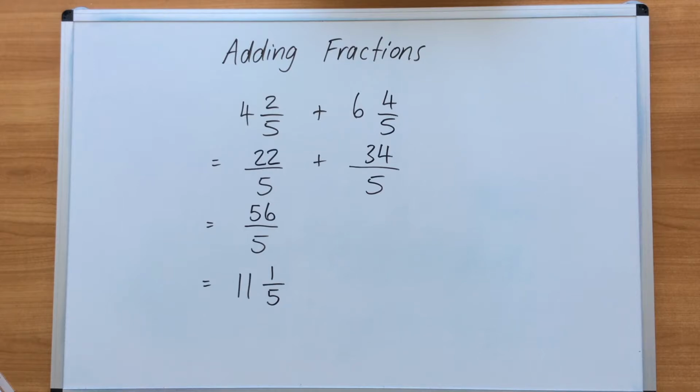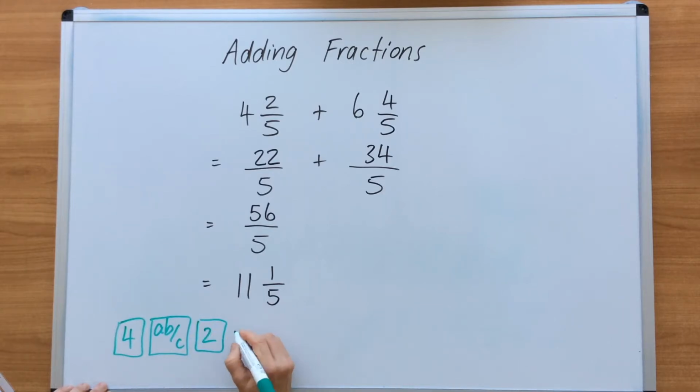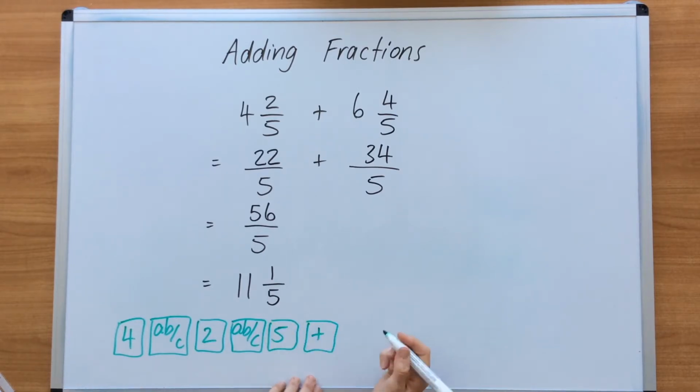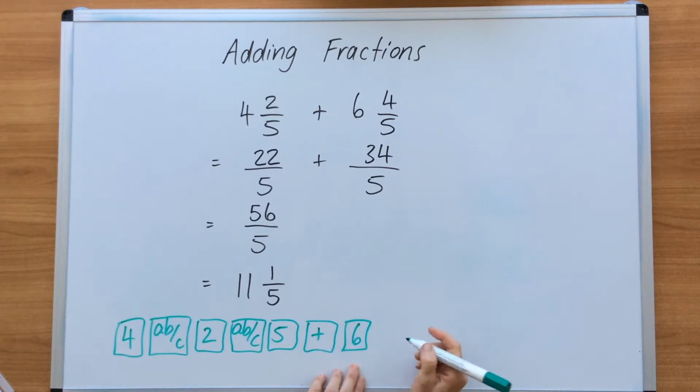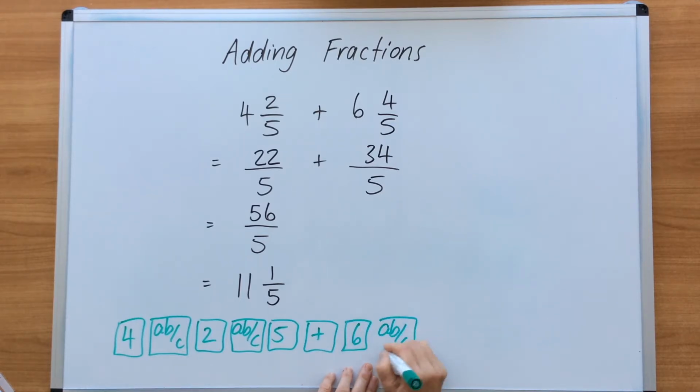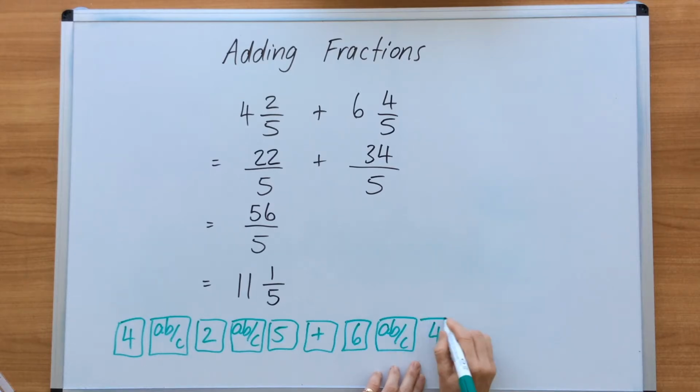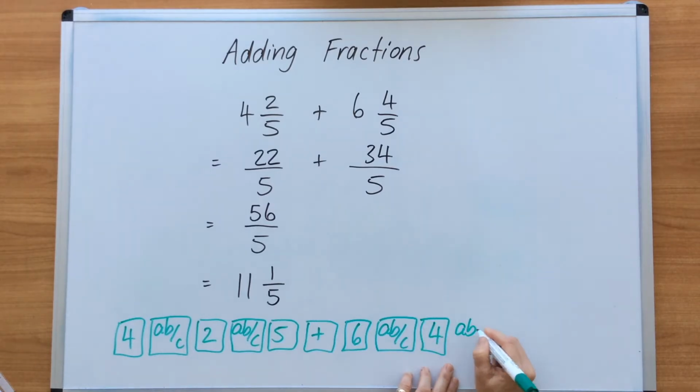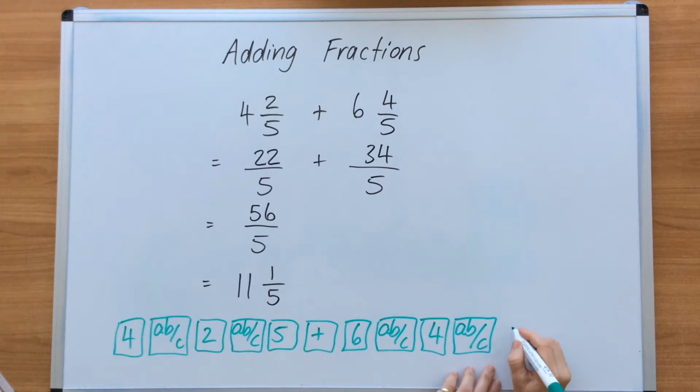Now to punch this in calculator, you would do this. 4, ABC fraction button, 2, ABC fraction button, 5, plus, 6, ABC fraction button, 4, ABC fraction button, 5, and equals.